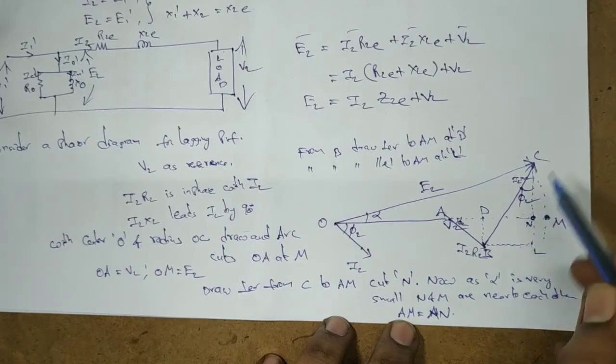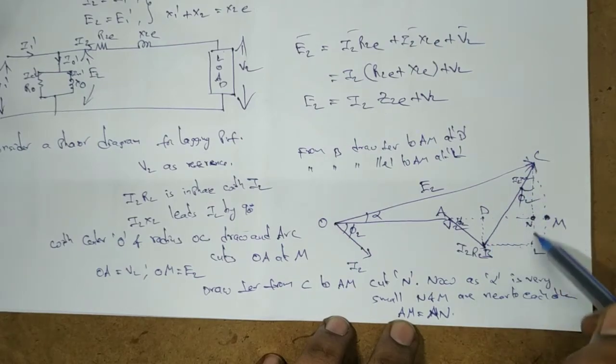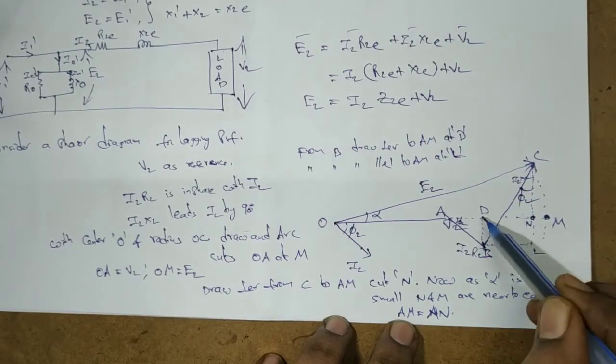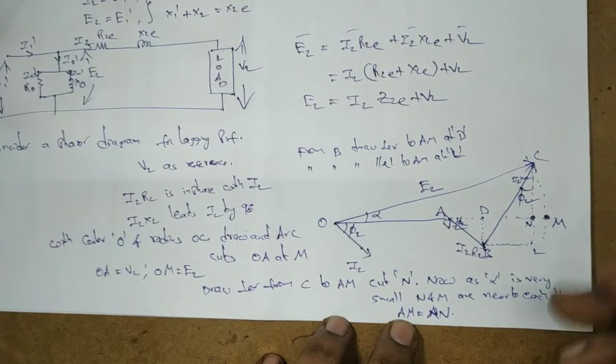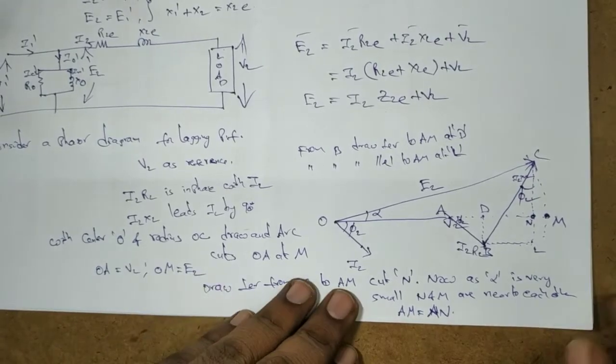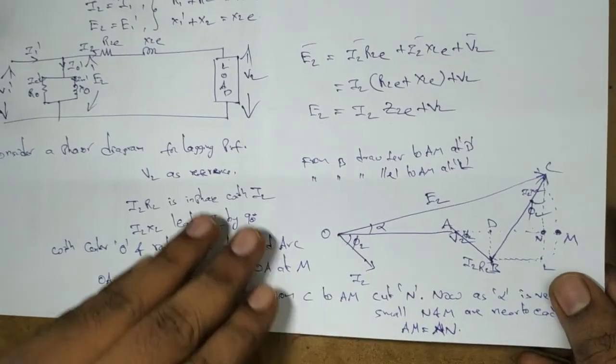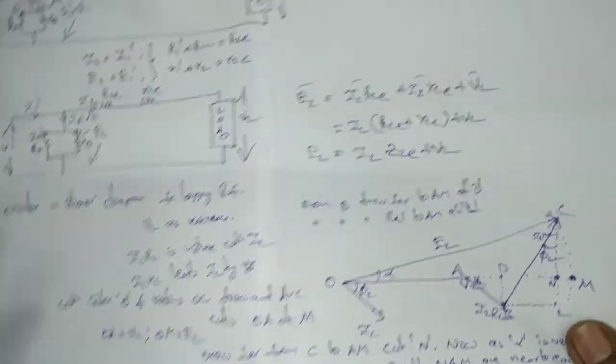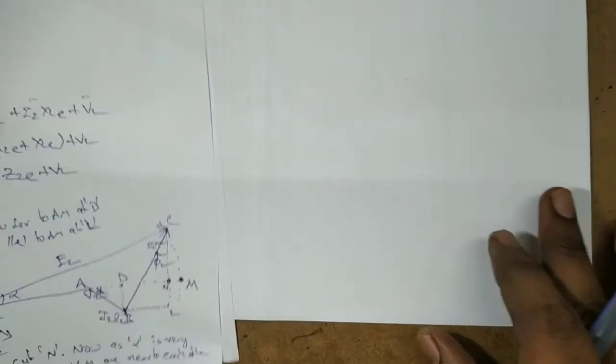And similarly, in the second triangle we consider sin phi 2. Sin phi 2 is nothing but BL by BC. So from the first triangle we consider cos phi 2, and from the second triangle sin phi 2, in order to find the sides.